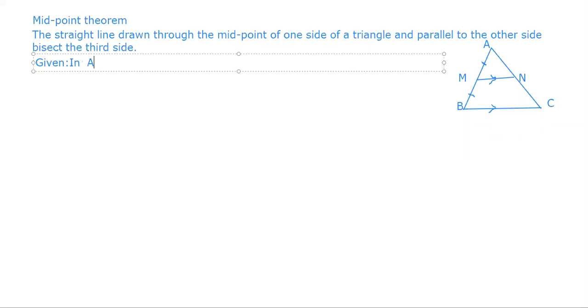In triangle ABC, M is the midpoint of AB and MN is parallel to BC.